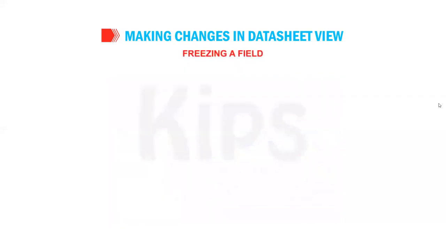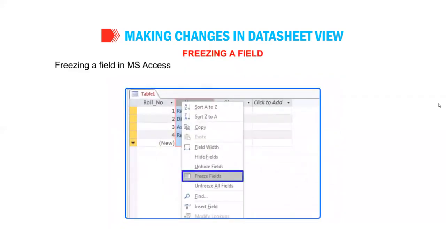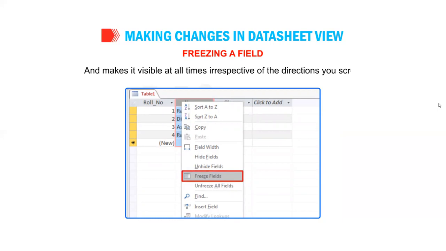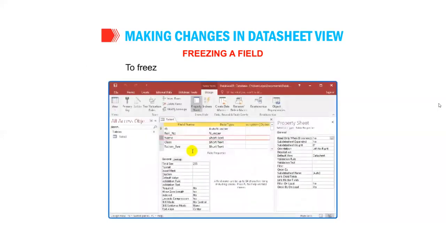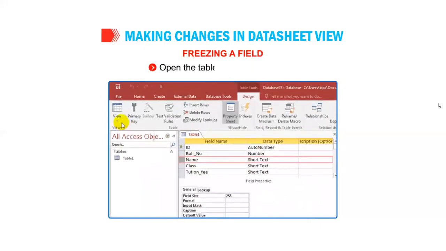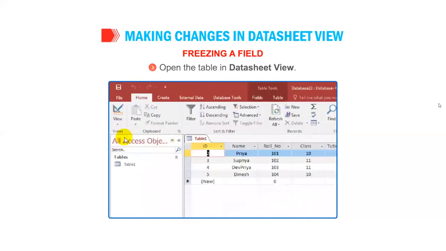Freezing a field. Freezing a field in MS Access refers to making the selected field or column appear at the leftmost side in a table and makes it visible at all times, irrespective of the directions you scroll. To freeze columns, follow the steps given below. Open the table in Datasheet view.